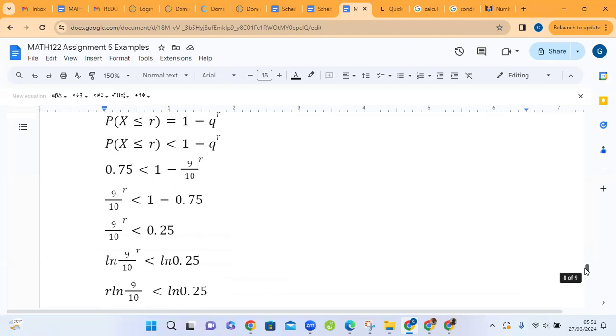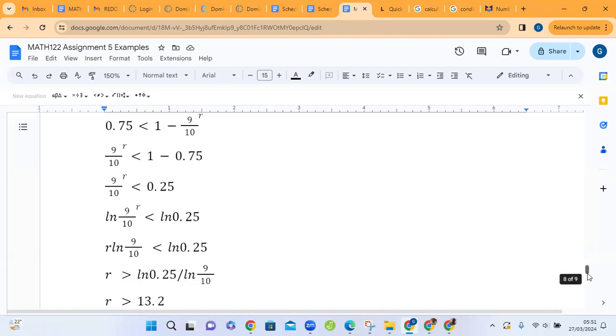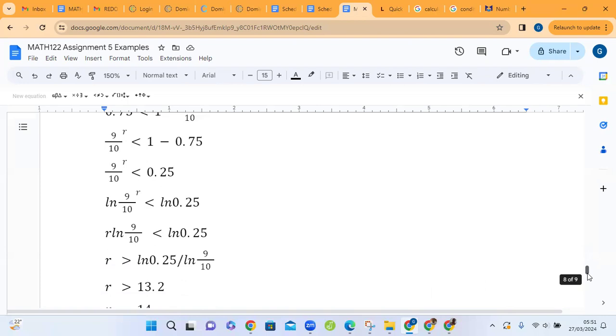And we can apply logarithms to solve for R, because R here is an exponent. We take natural logarithms on both sides, logarithm to the base of e, and apply the property of logarithms, whereby ln of 9 over 10 to the R is the same as R times ln of 9 over 10. And this is less than ln of 0.25. Now to cancel out, we divide by ln of 9 over 10.